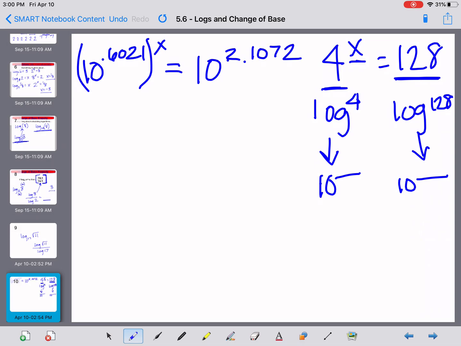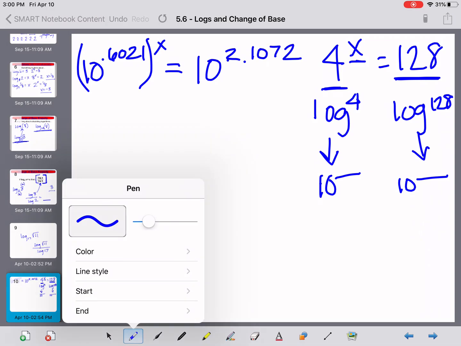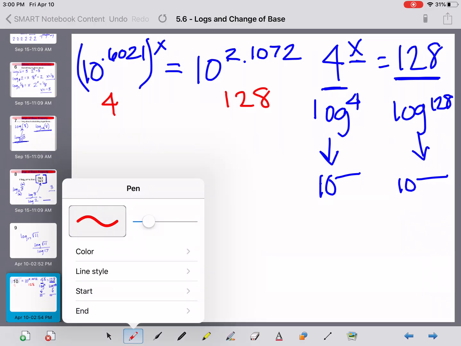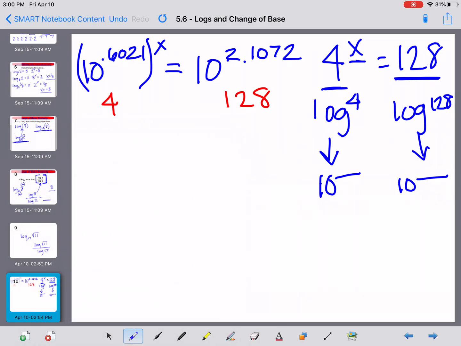So really I haven't done anything but make a different looking value of 4 and a different looking value of 128. But the reason this is useful is because now they're both in base 10, so I can use the common base property that I have for exponents.